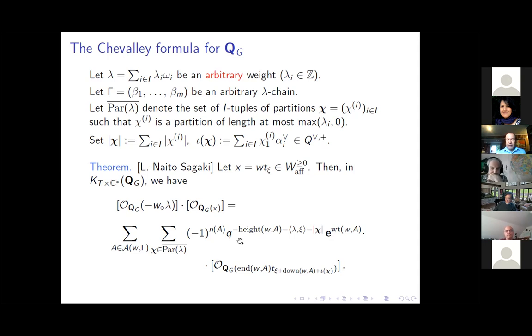And you notice, so this is a more involved formula, but you see here the statistics that I defined coming up: the height, the weight, the end of that chain of Weyl group elements, the down statistic, and also this I of chi that was defined up here. So it's a nice combinatorial formula expressed directly in terms of the objects of the quantum Markov model.